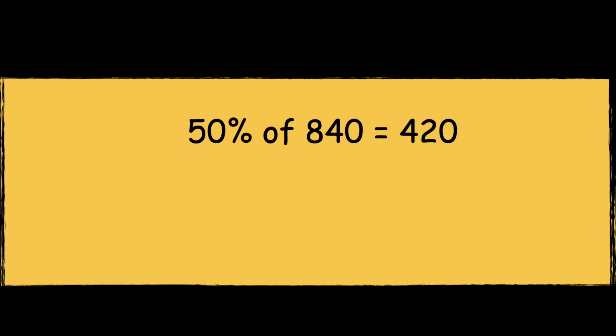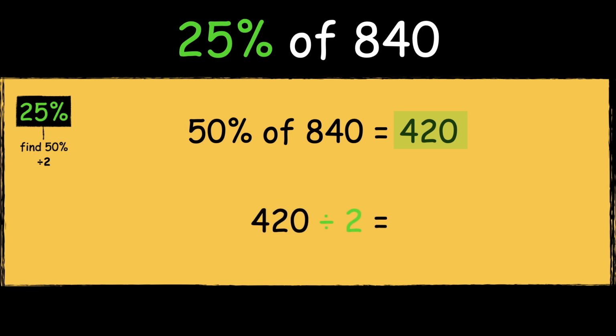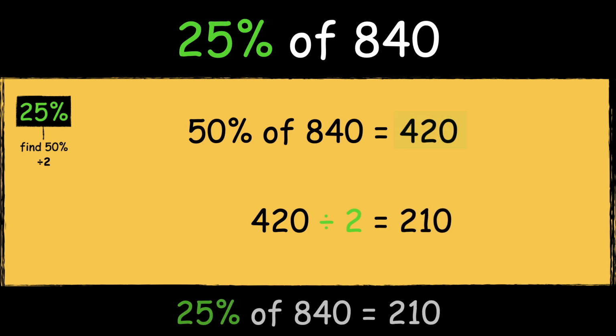So now that we know what 50% of 840 is, we can find 25%. To find 25%, we half it again. 420 divided by 2 is 210. So 25% of 840 is 210.